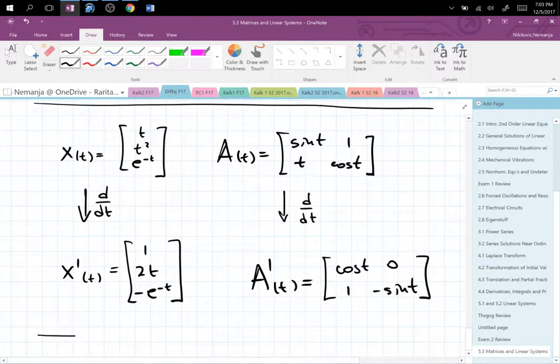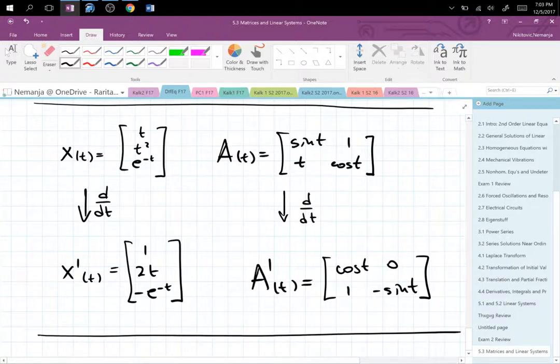So this is just to tell you that if you are taking derivatives of matrices, you will do that component-wise, right? In each location sits the function which you take the derivative of, and you don't have to worry about anything, unless you have the product rule within and stuff like that.